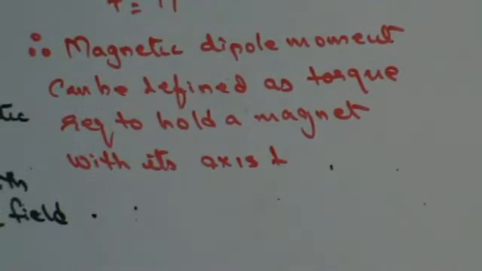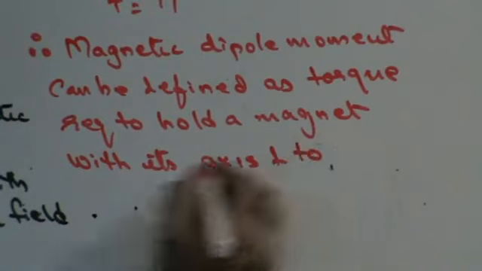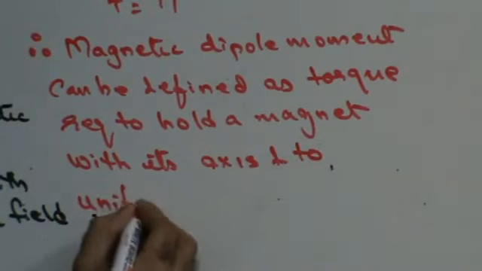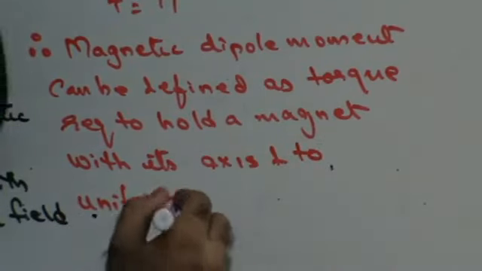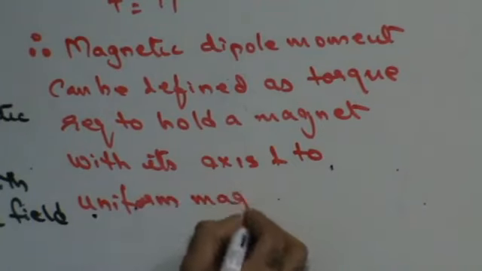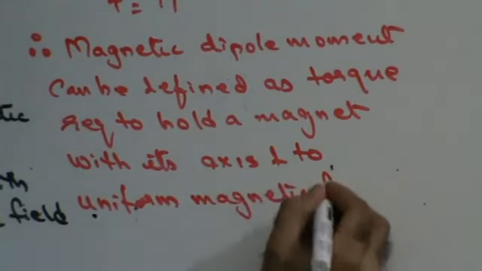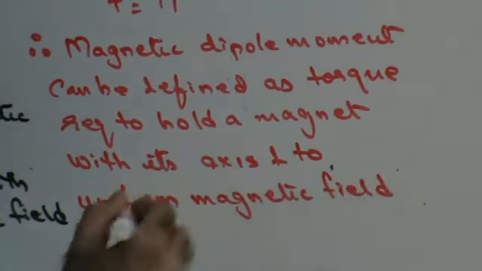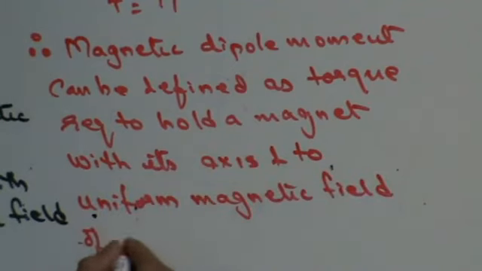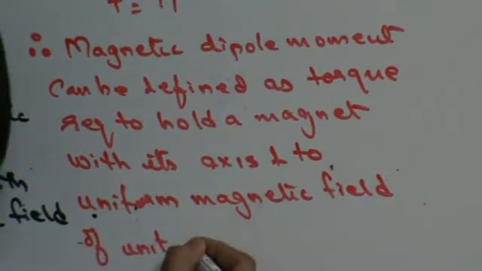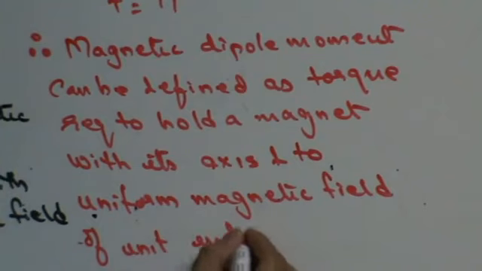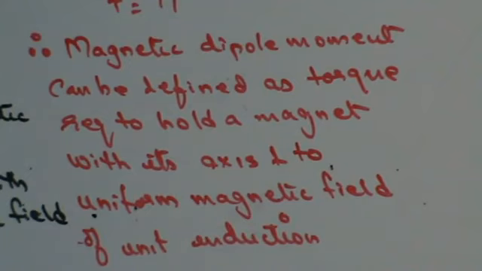Remember, alpha was 90 degrees. With its axis perpendicular to uniform magnetic field of unit induction. Right? That's how you define magnetic dipole moment based on torque.